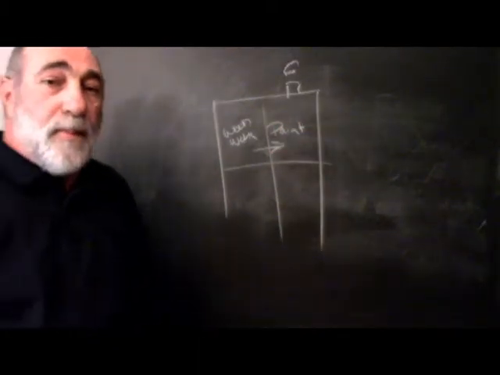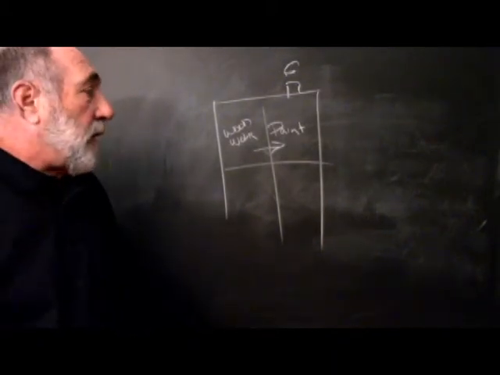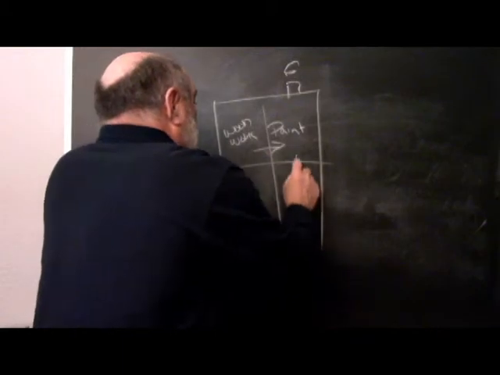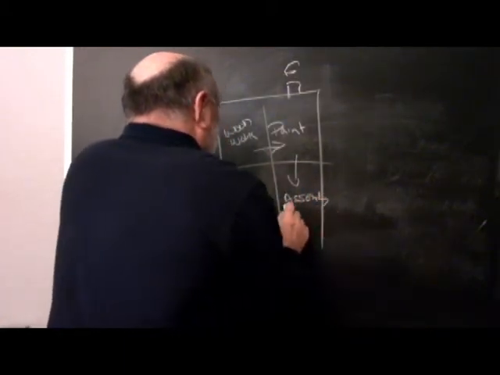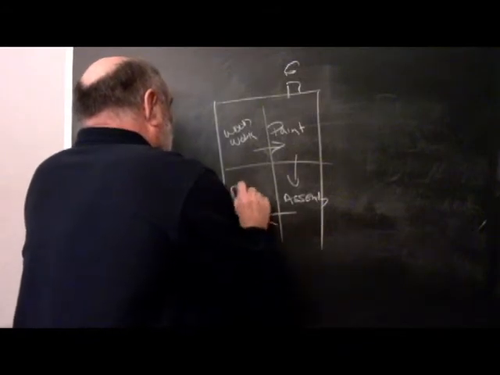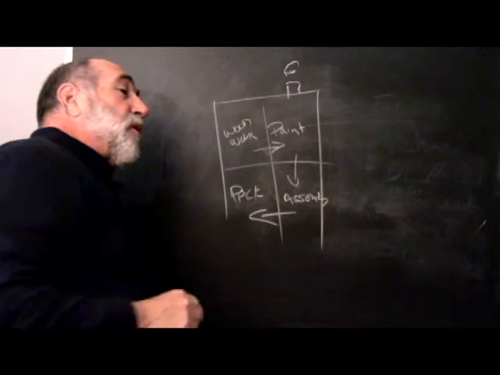Then they don't have to paint. Well, we could have some furniture painted. We could have some that's done like that. Then it comes over here to assembly, and then it comes over here to packaging.